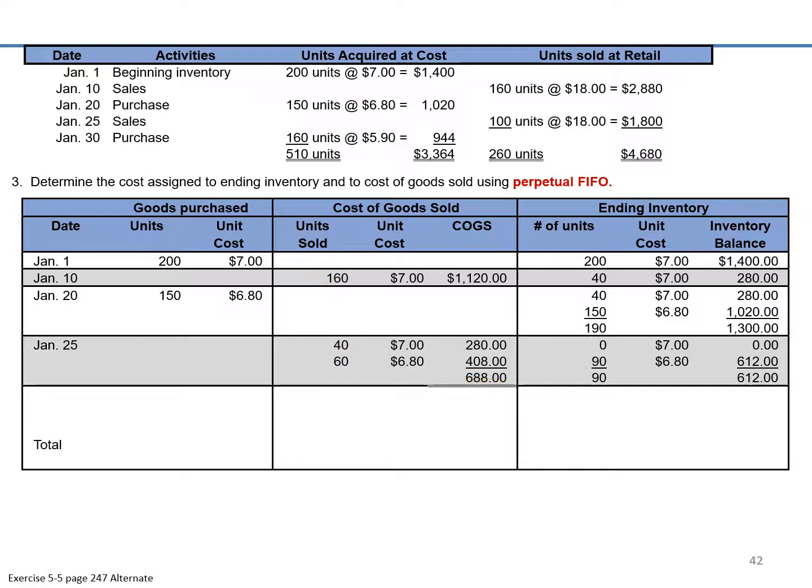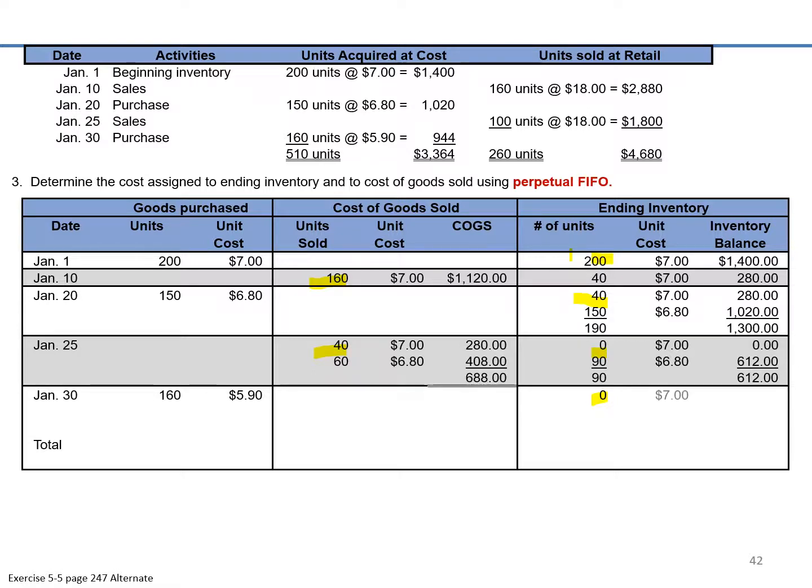Erase all my highlights here so we don't get confused. All right, so then moving on, we purchased 160 units on January 30th. So that's 160 at $5.90. I have 0 from my beginning inventory because I had 200. I sold 160, then I had 40 left and I sold those 40 here. So I have 0 of my beginning inventory.